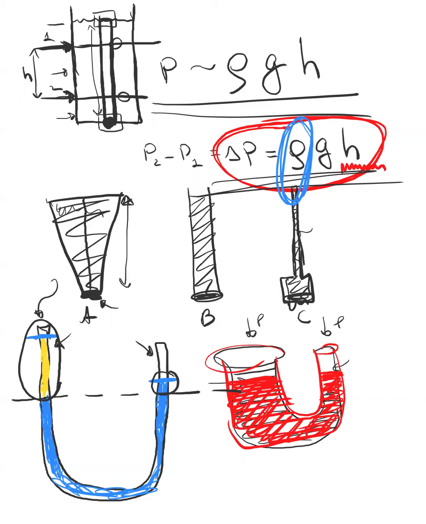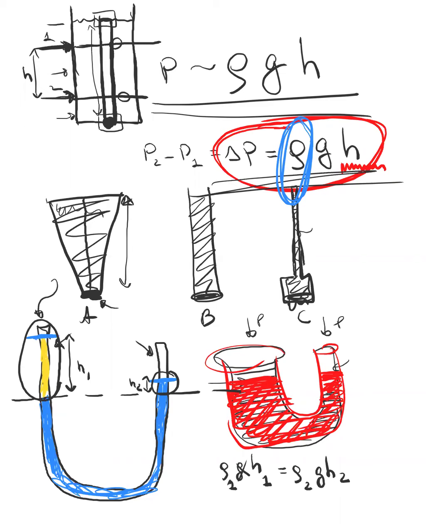by this much water. So since pressure is rho times g times h, if this is h1 and this is h2, we will have an equilibrium if pressures are equal. So we will have an equilibrium when rho1 times g times h1 is equal to rho2 times g times h2.